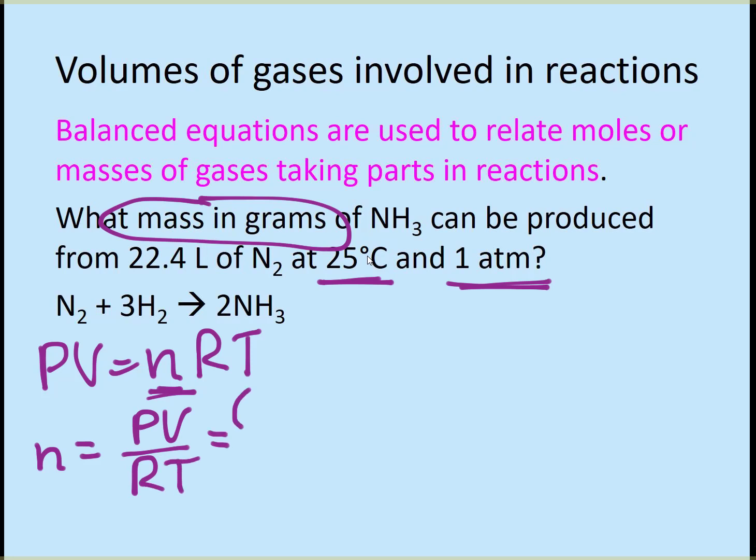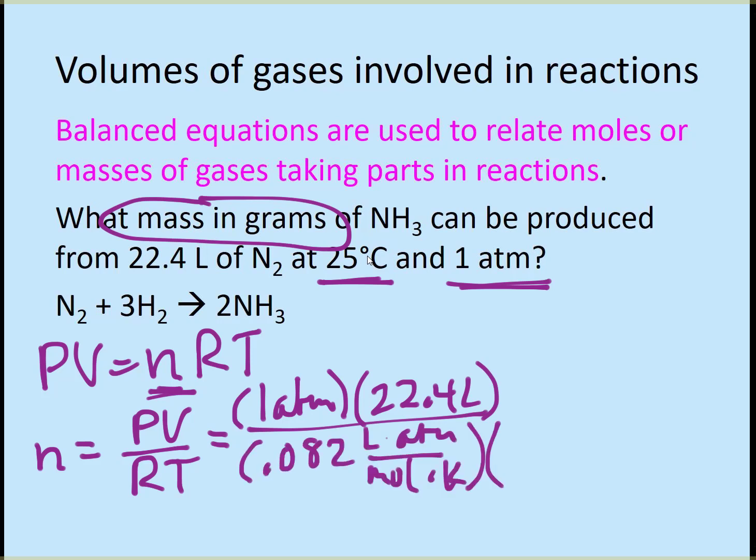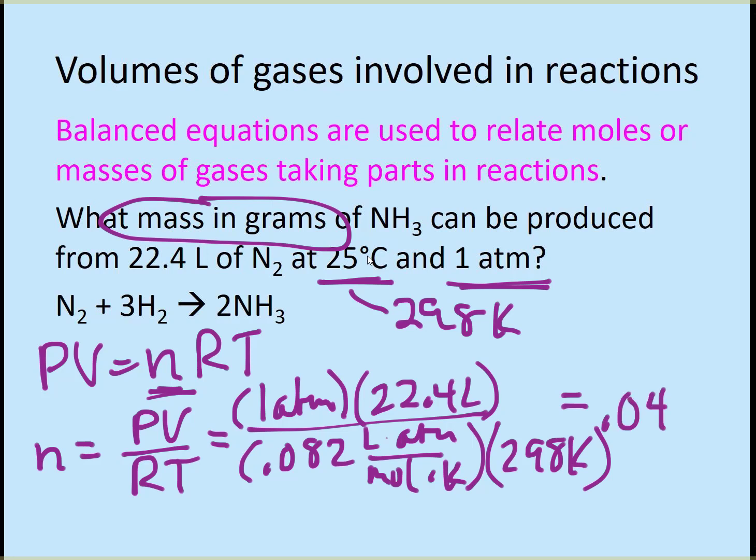So we have 1 atmosphere, and we have 22.4 liters, and our R. And our temperature, we need to change that to Kelvin. So add 273. And I get 0.0409 moles of N2.